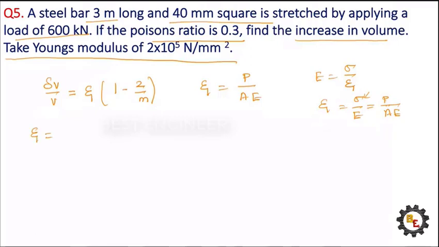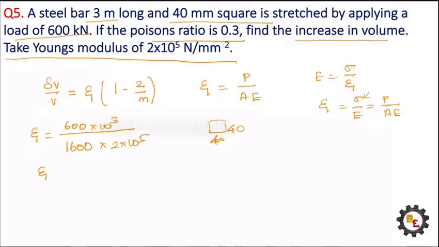So we can find the strain here. E equals load, given as 600 kilonewton, 600 into 10 power 3, divided by area, which is 1600 because square cross section, sides 40 and 40, so area is 1600, into Young's modulus 2 into 10 power 5.